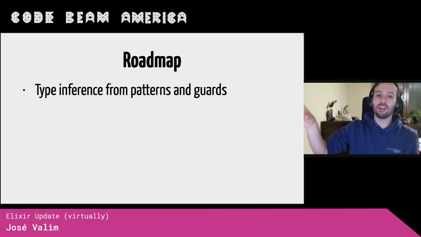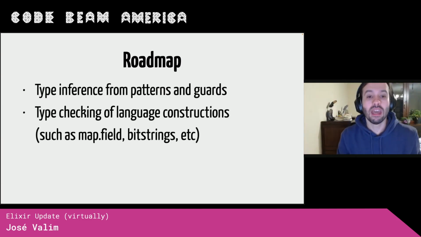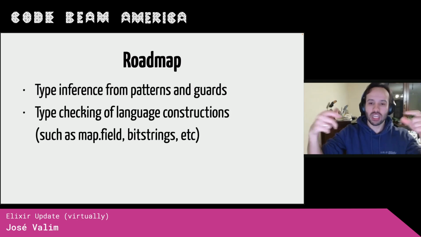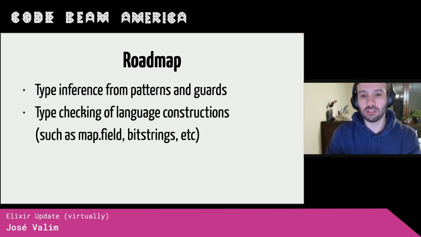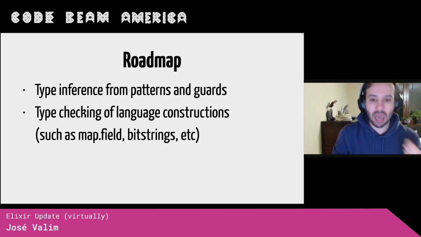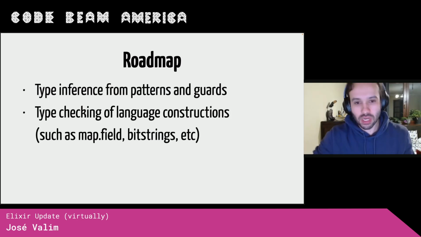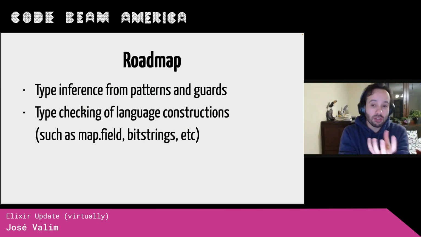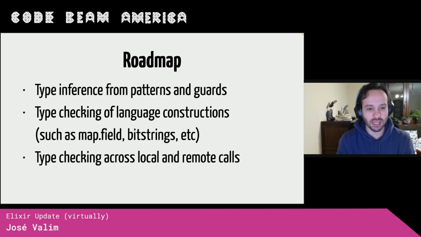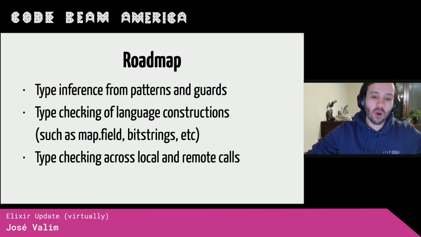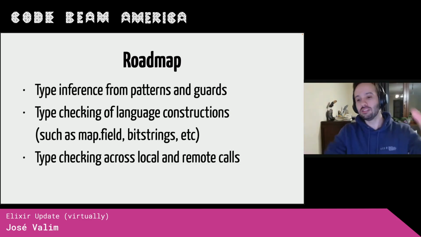We are going to use that information to infer the types. And then we are going to perform type checking of language constructs, like accessing a field in a map, bit string patterns, so all the language constructs and pattern matching itself. We're going to start performing type checking. And then we're going to start performing type checking across functions in the same module, functions in separate modules.